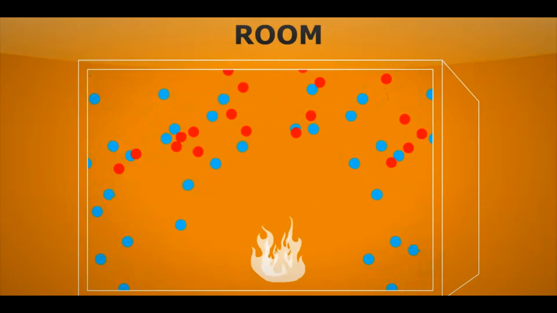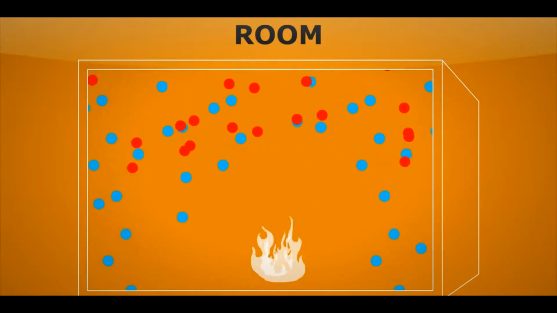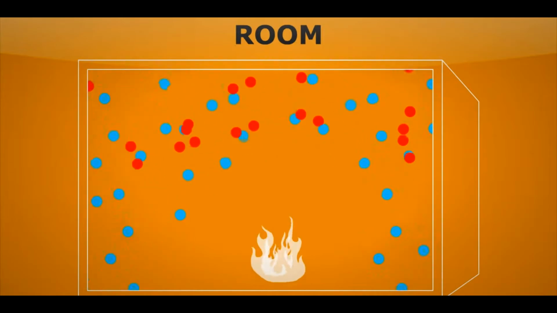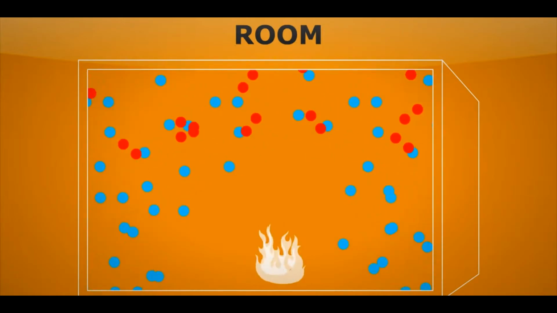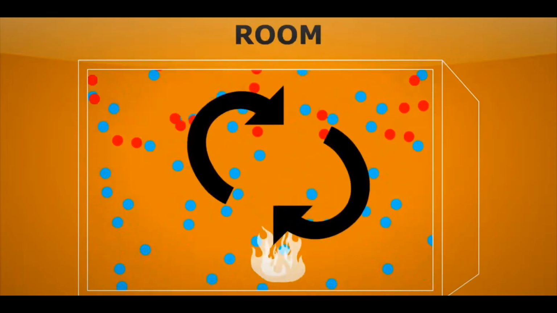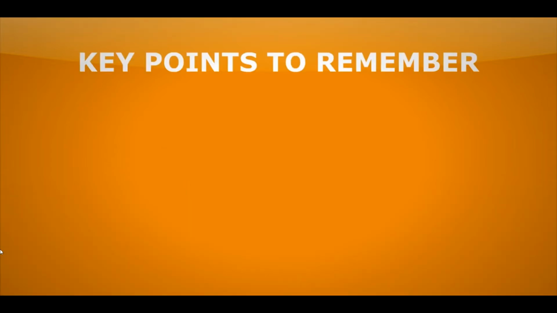These are now back by the fire, so guess what? They're going to gain energy. They're going to get even hotter, they're going to become even less dense, they're then going to rise. This is going to happen over and over again, forming a convection current. And that is how heat transfers through fluids, liquids and gases. So, what are the key points here?